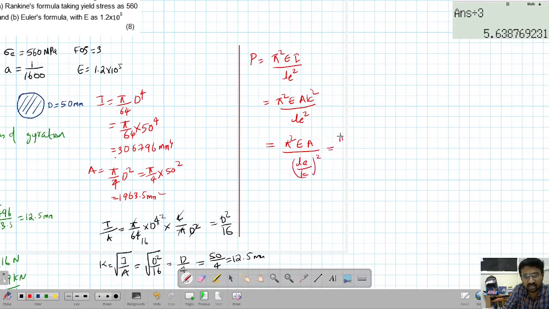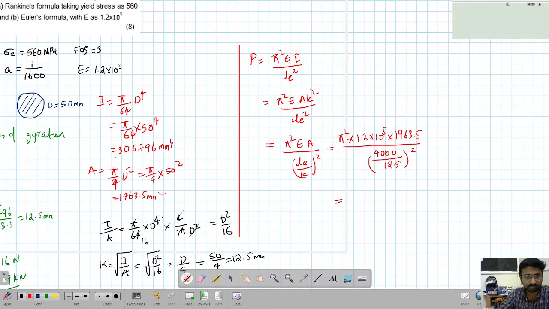So this is pi square into, what is E, 1.2 into 10 to the power 5, into what is area, 1963.5, divided by LE by K. LE is the effective length, 4000, K is 12.5, square. So what is the value that we are getting? We will just calculate this again and finish our answer.